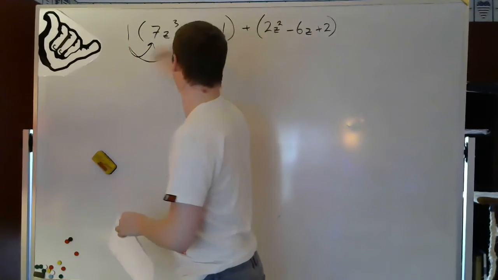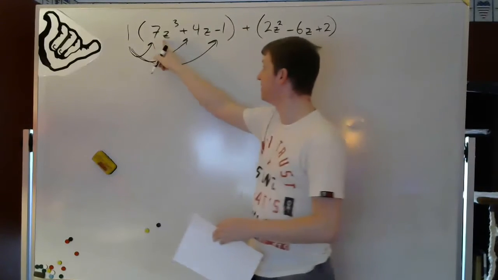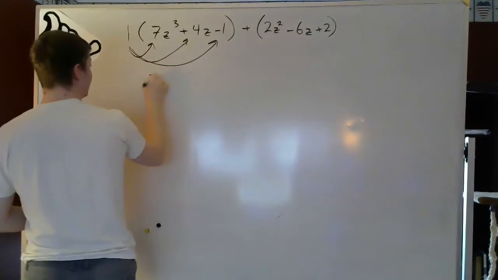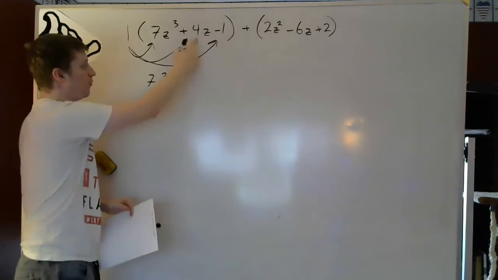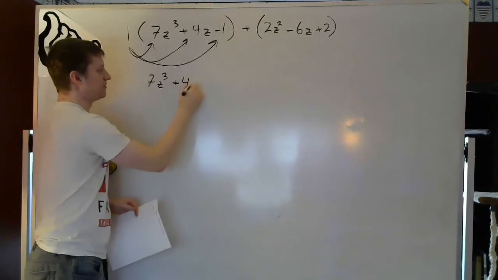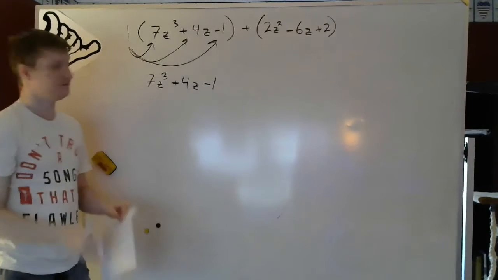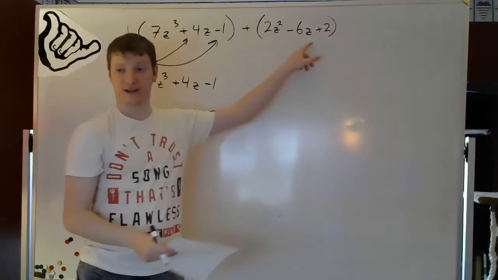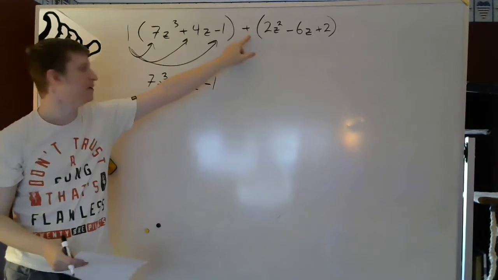When I multiply anything by 1, nothing changes. So 7z cubed stays 7z cubed. 4z stays as positive 4z, and negative 1 stays as negative 1. On the other side, I've also got a positive 1 here that I can distribute in.